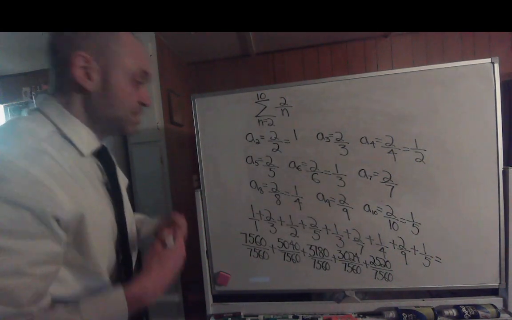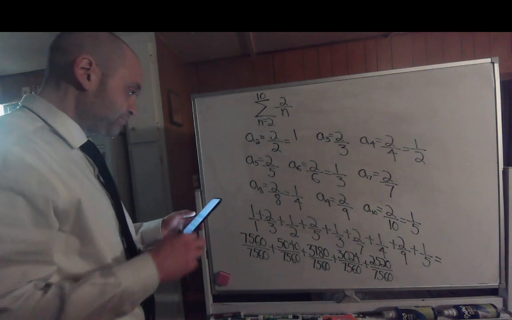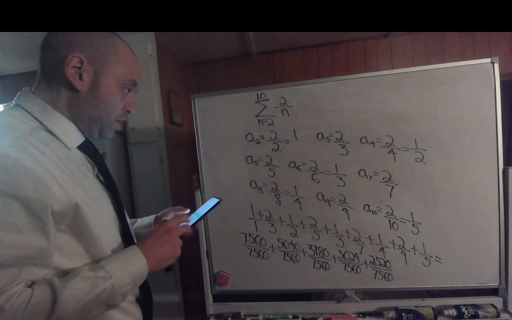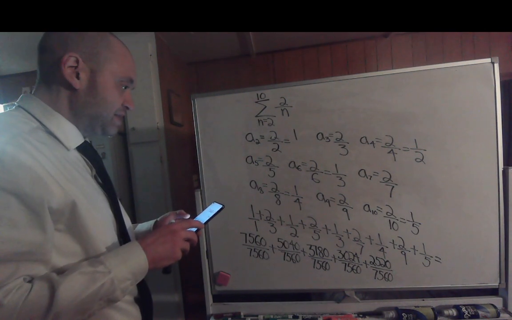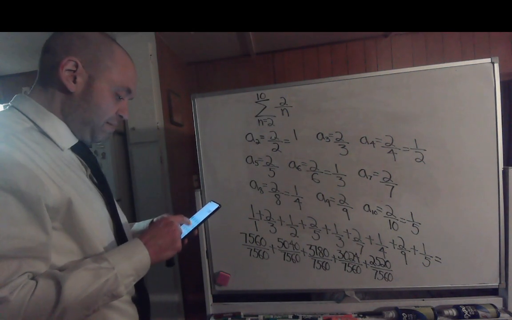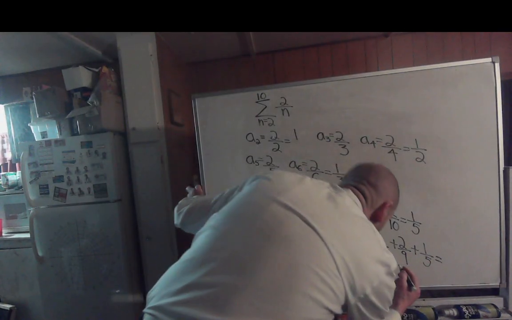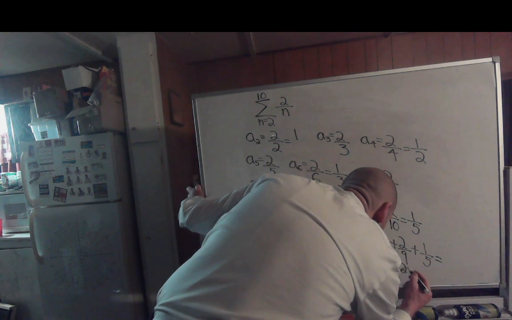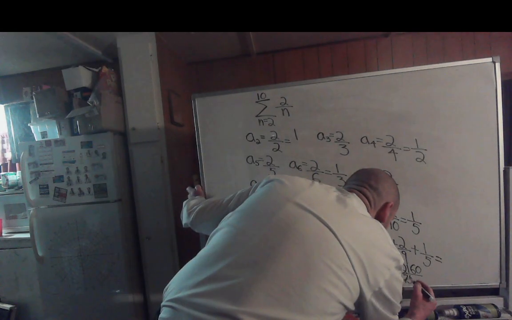We still got to deal with 2/7, 1/4, 2/9, and 1/5. All right, so let's see. 7,560 divided by 7 is 1,080. Multiply that by 2 for the numerator. You get 2,160 over 7,560.